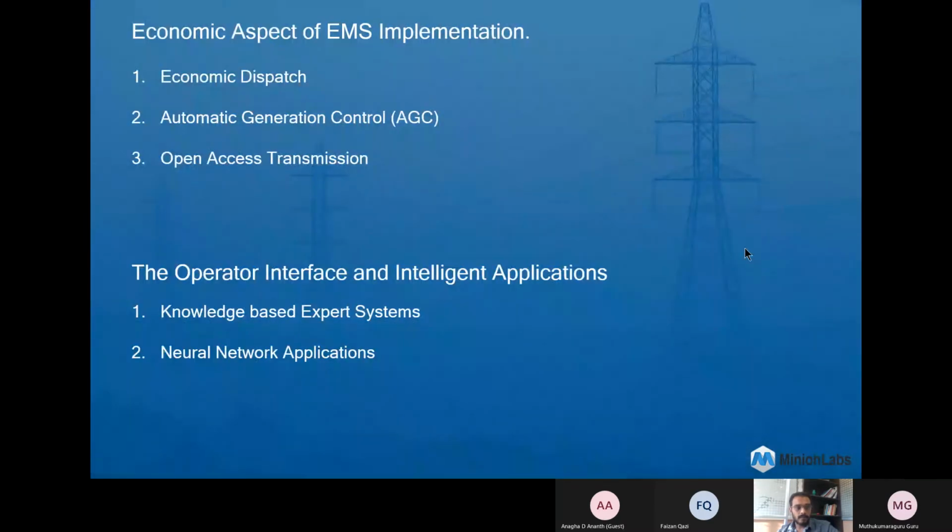Economic aspect. First, one of the methods in the economic aspect is economic dispatch. This is scheduling generation to minimize the cost of the process, overall optimizing the cost, historically called economic dispatch.